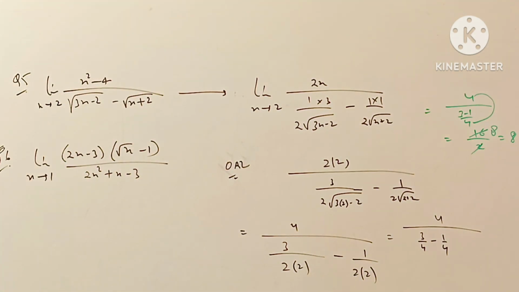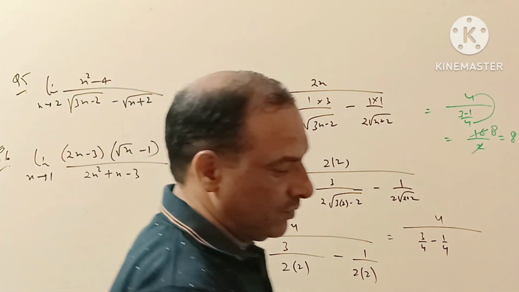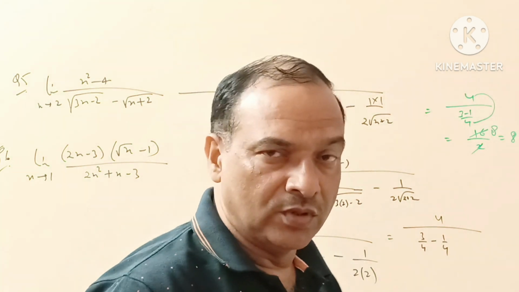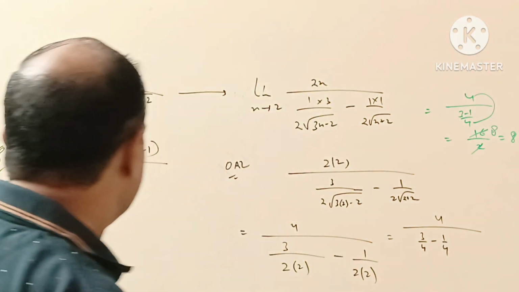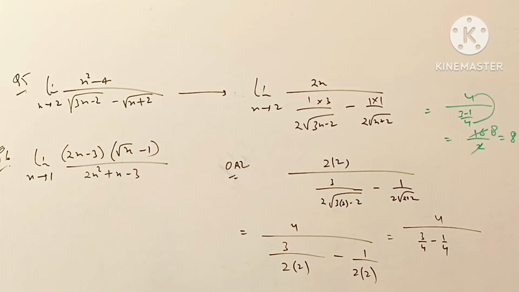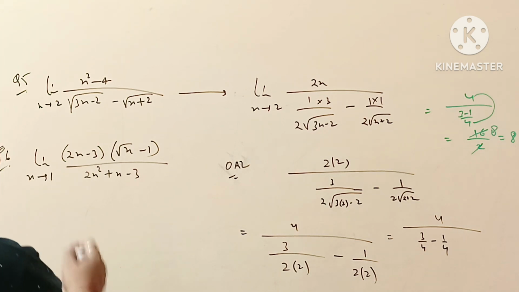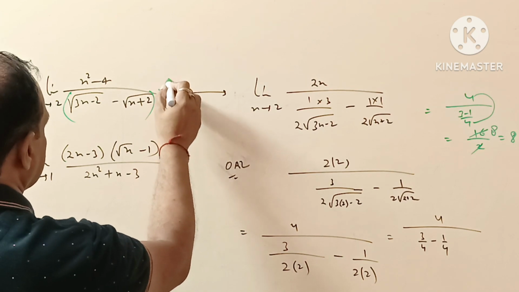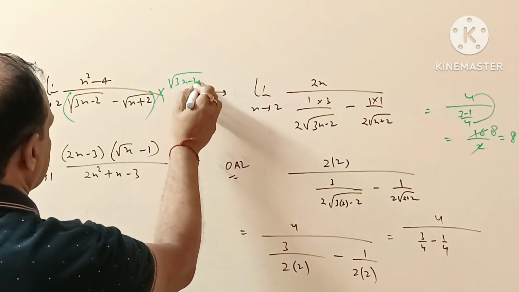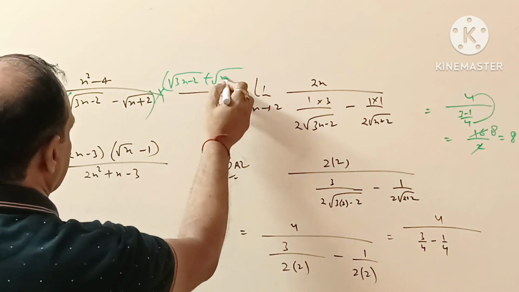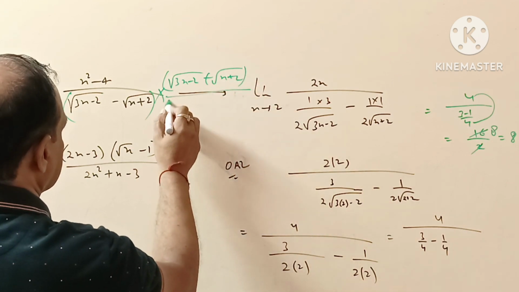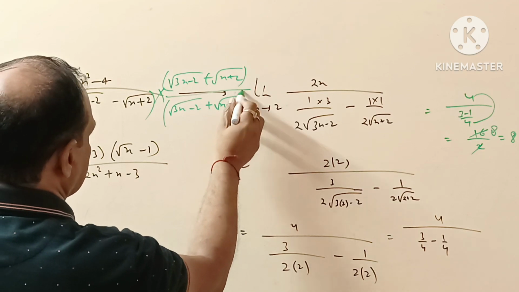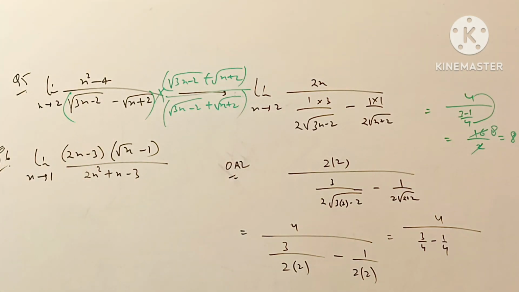Otherwise, if you go without using the L'Hospital rule, then in this particular case you have to go with the method of rationalizing the denominator. What you have to do, if you are not going with the L'Hospital rule, is multiply by under root 3x minus 2 plus under root x plus 2, both above and below, and it is very lengthy.